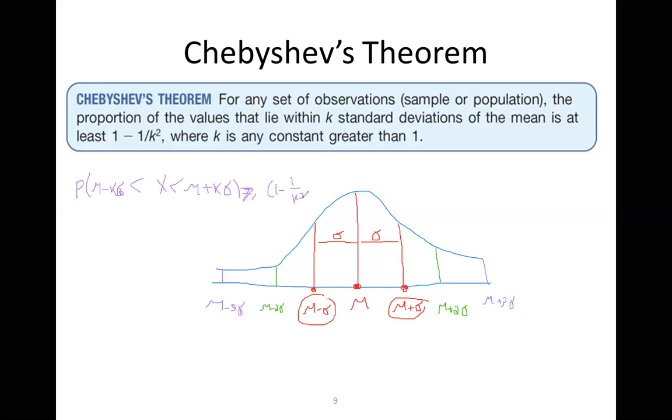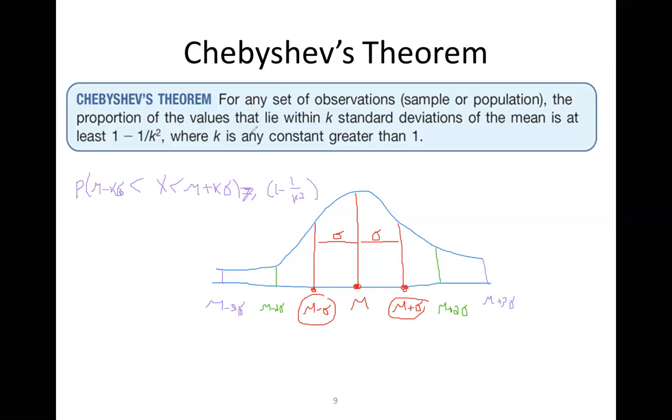In terms of probability, the probability of x greater than mu minus k sigma and less than mu plus k sigma is greater than or equal to 1 minus 1 over k squared. That's the meaning of the Chebyshev theorem.